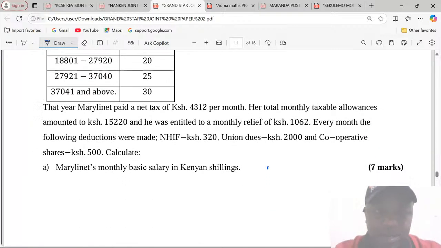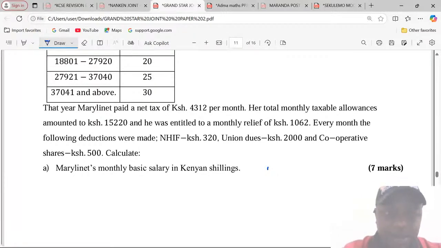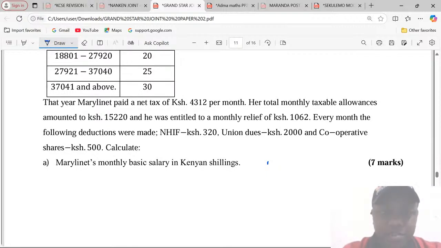Now let's look at Marylinet. That year, Marylinet paid a net tax of 4,312 Kenya shillings per month. Her total monthly taxable allowances amounted to 15,220 Kenya shillings, and she was entitled to a monthly relief of 1,062 Kenya shillings.